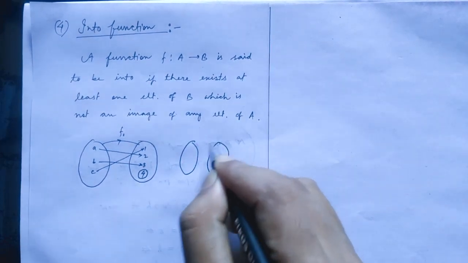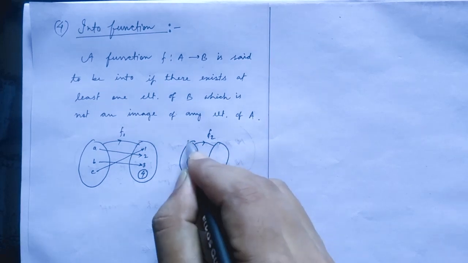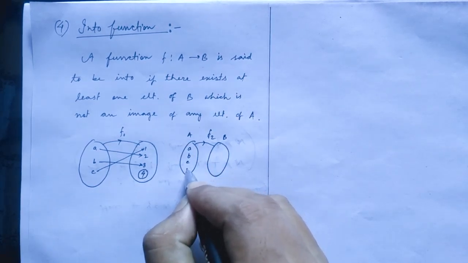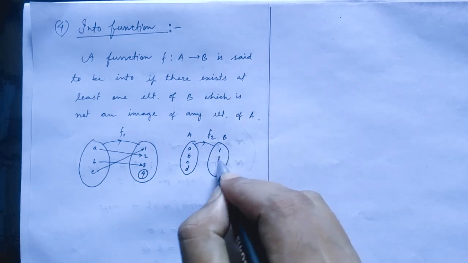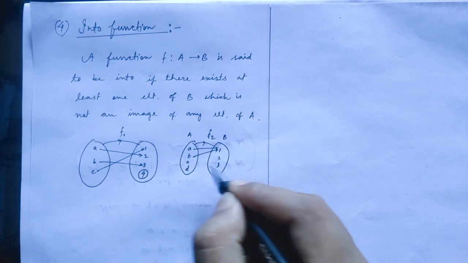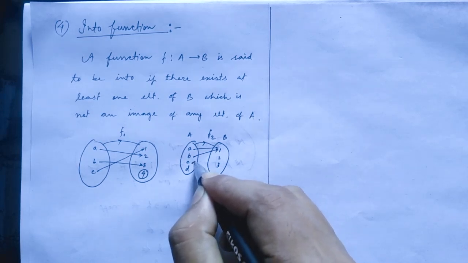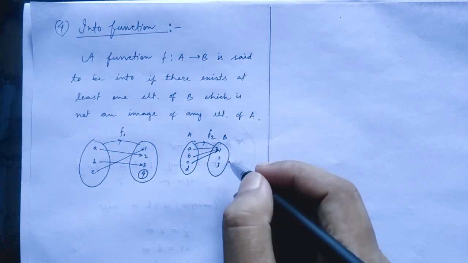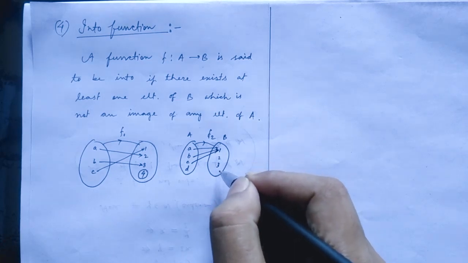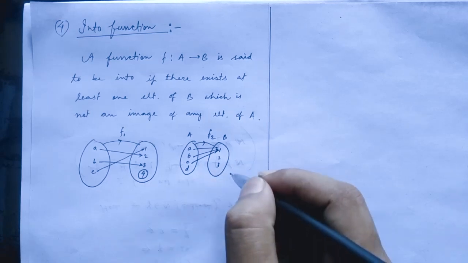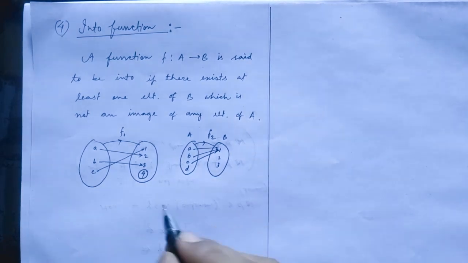I give you another example. This is f2: a, b, c, d to 1, 2, 3. Suppose a is related to 1, b is related to 1, c is related to 1. In this case the elements 2 and 3 have no pre-image. So this type of function is called an into function.